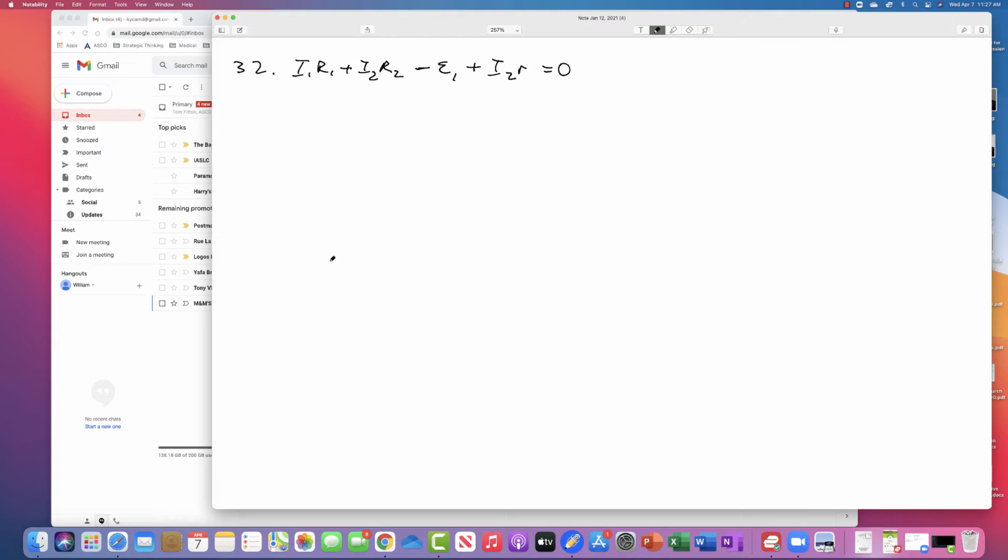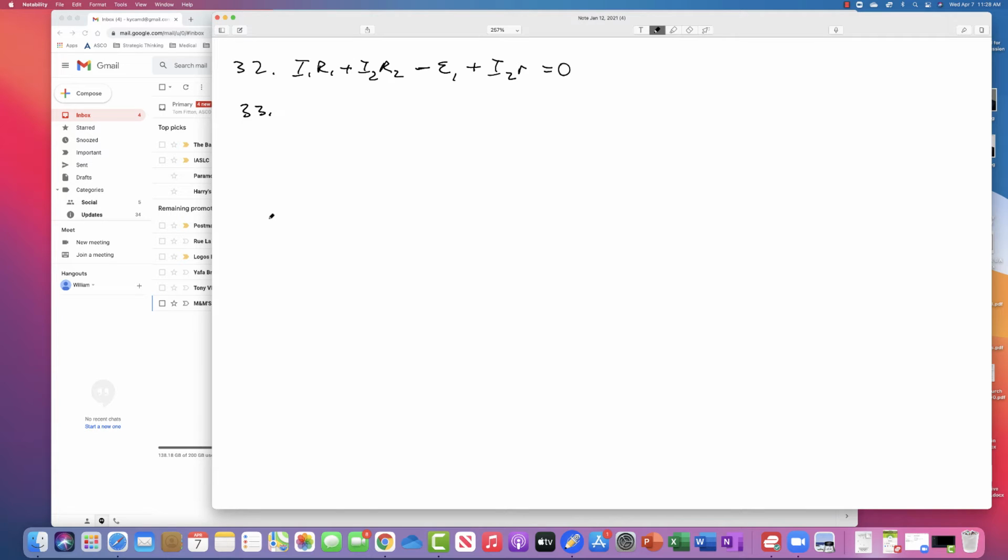Now, the second question, number 33, says verify the second equation in example 21.5 by substituting the values found for the currents I1 and I2. So you go to that example and find the values. You go down to the end and see what the numbers for I1 and I2 are.